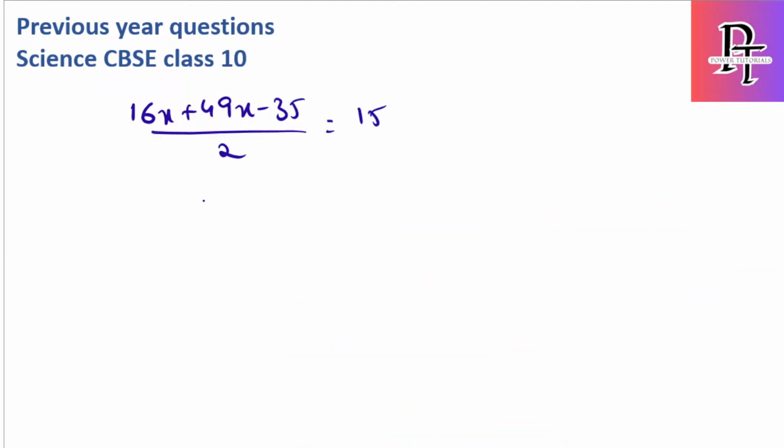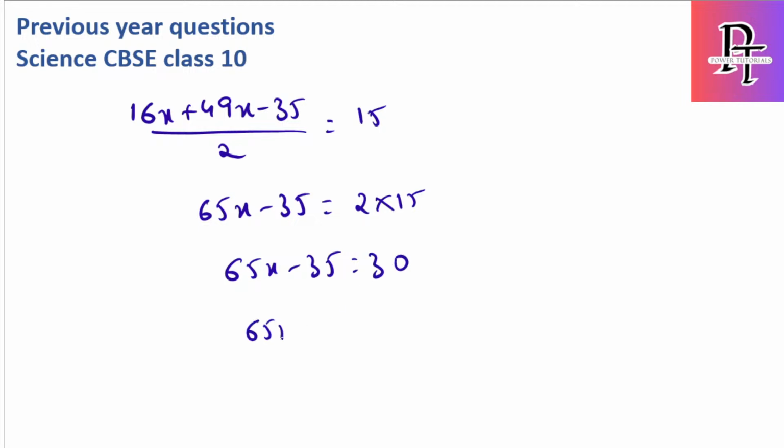So what is 16 plus 49? 16 plus 49 is 65. 65x minus 35 is equal to 2 into 15, which is again 30. So 65x becomes 30 plus 35. So 65x is equal to 65. So simple, x value is 1.